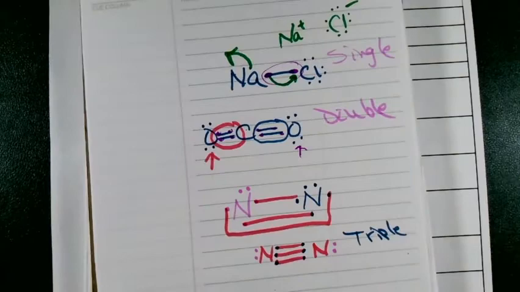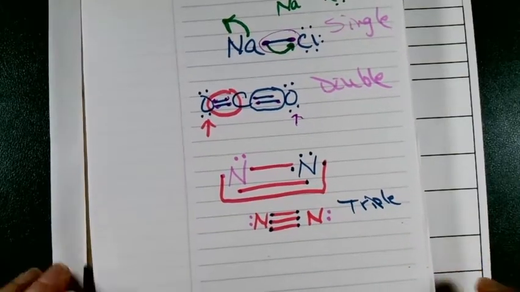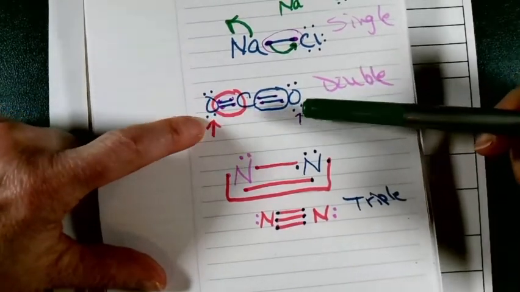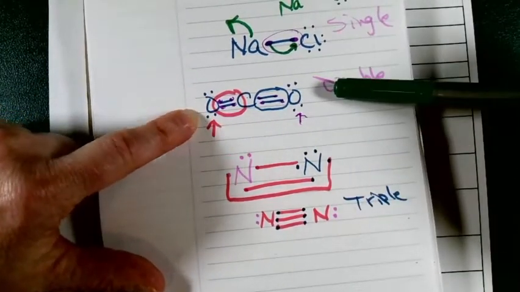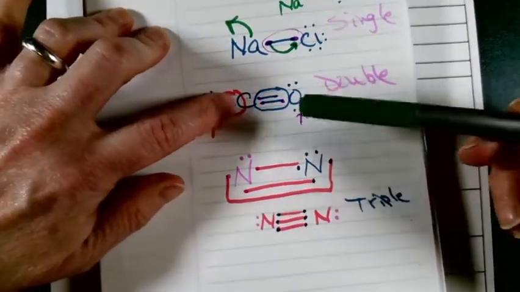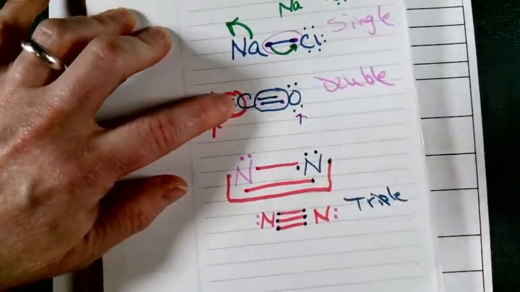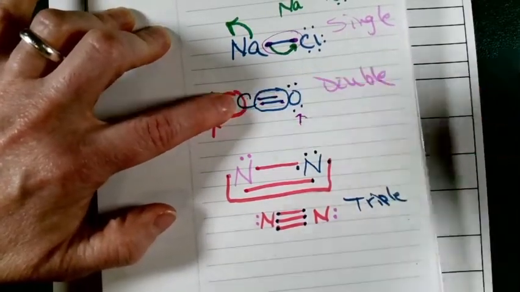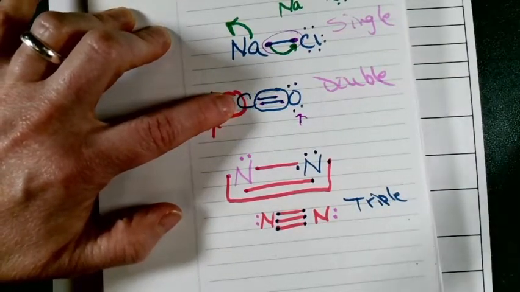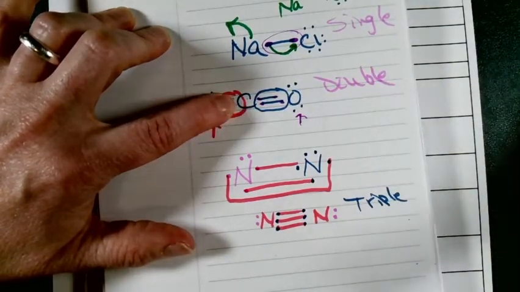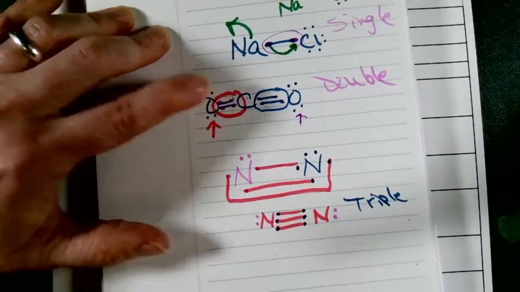Let's move on and talk about double bonds real quick. So if we take carbon and 2 oxygens, this was in your note summary for bonding. If you bond carbon to one of those 2 oxygens, you are going to form a double bond. They're going to share 2 pairs of electrons, or a total of 4 electrons.